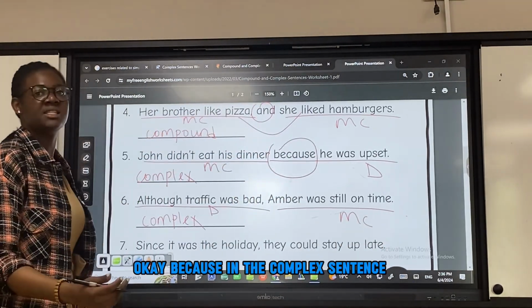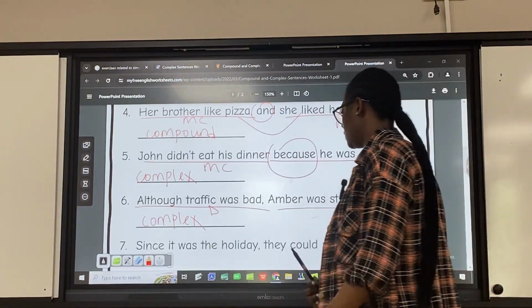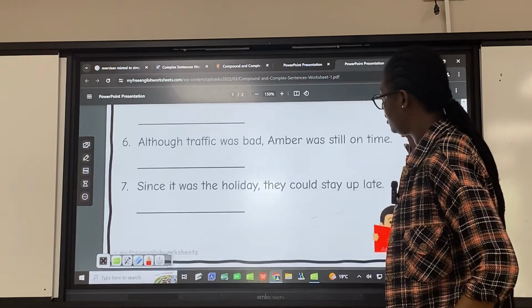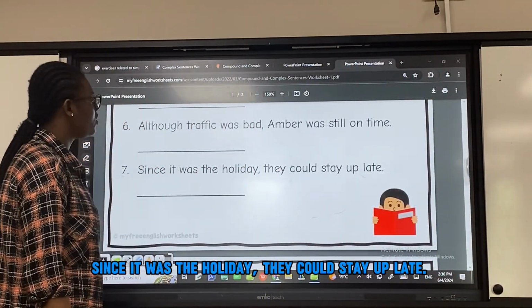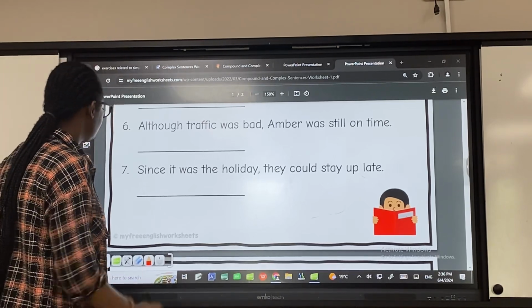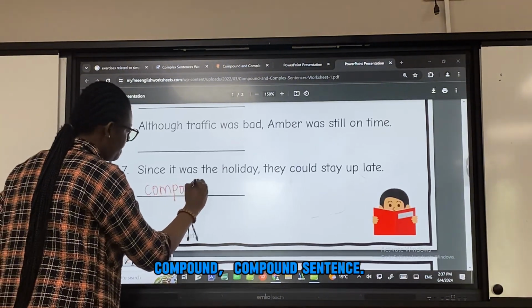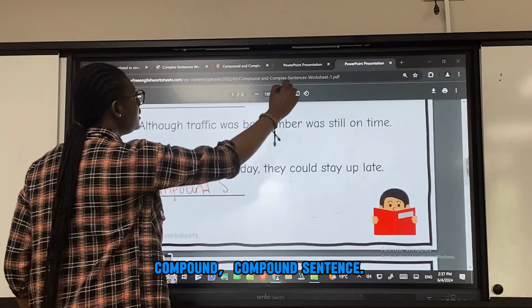Because in a complex sentence we have one main clause and one dependent clause. The last one, since it was the holiday, they couldn't stay up late. We have a compound sentence. Good. Let's see this one.